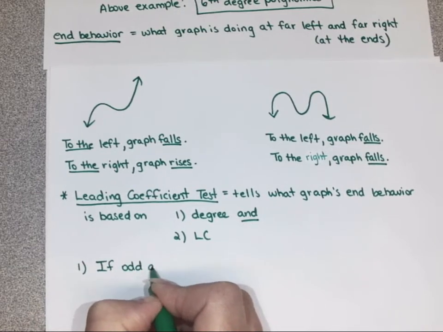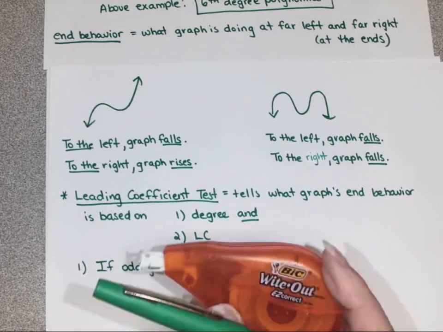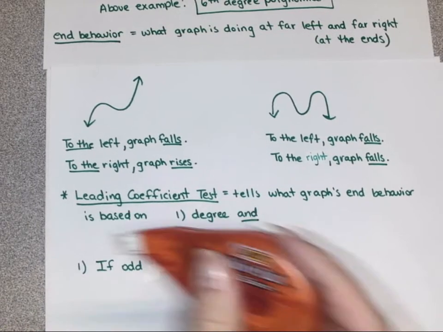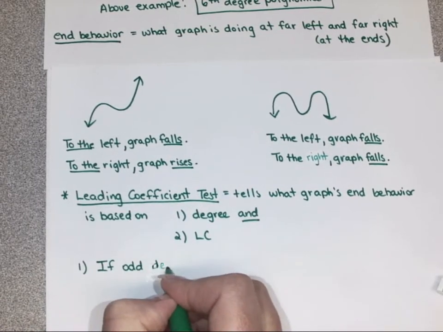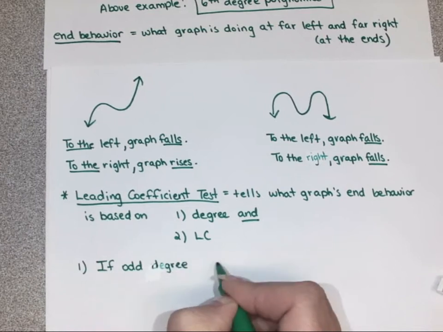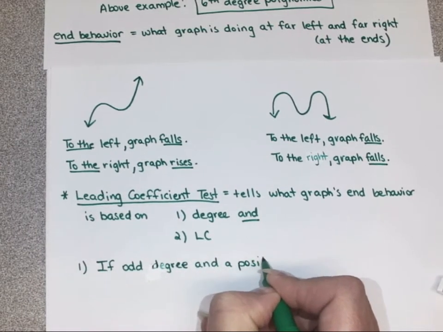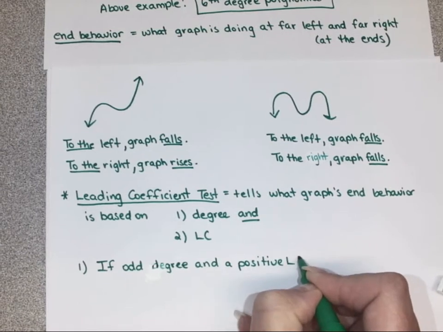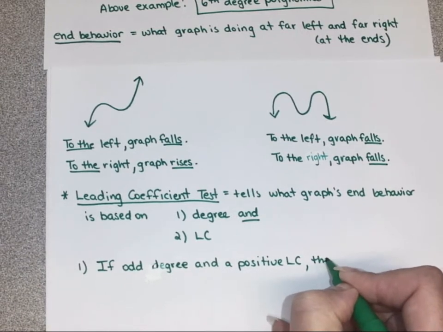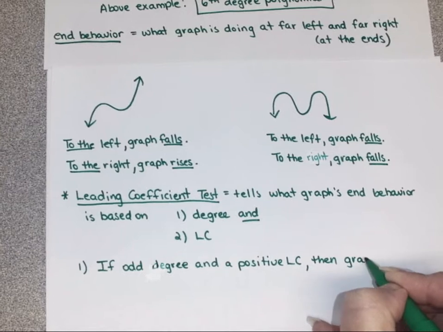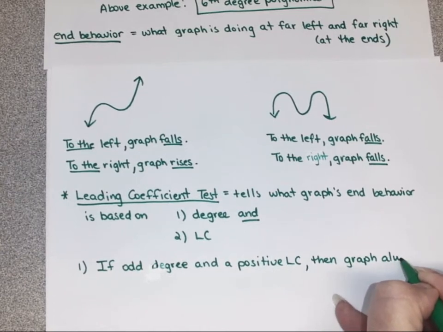So if you have an odd degree, so anything that's odd, and a positive leading coefficient, then the graph is always going to do this for the end behavior.